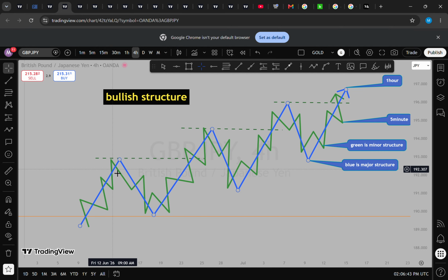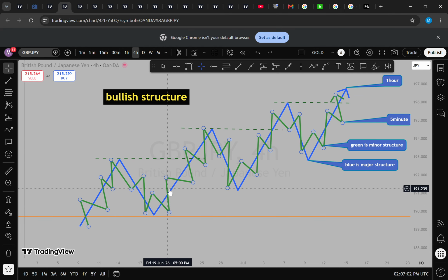On 5 minutes, you can see structure breaking down inside this single leg. That is how to differentiate between major and minor structure.